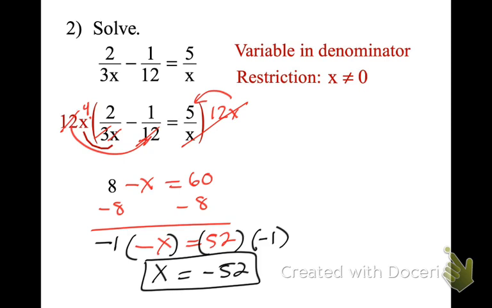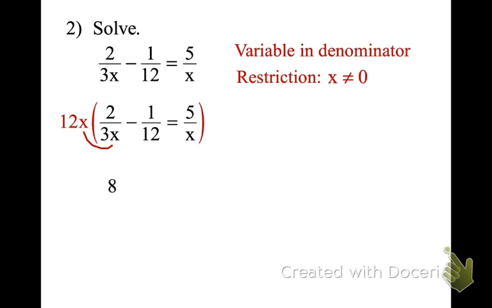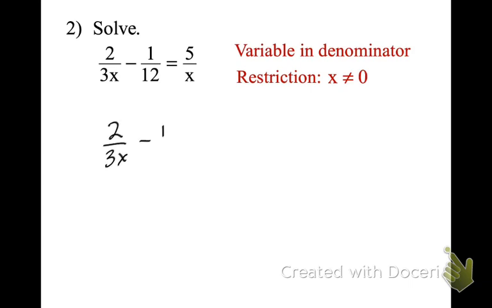Just to make it more clear, when you get the 12x, that's the least common multiple. Let's try something. When you're factoring an expression, you have to factor completely and you want the least common. But if it's an equation, I could potentially multiply by 24x.